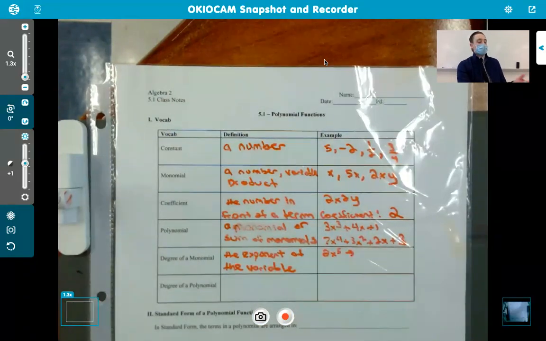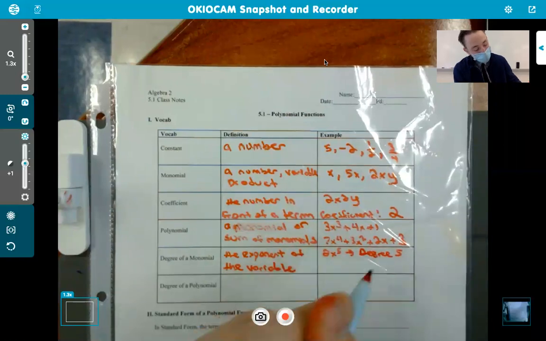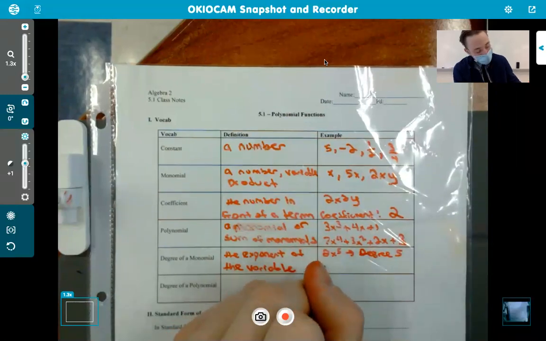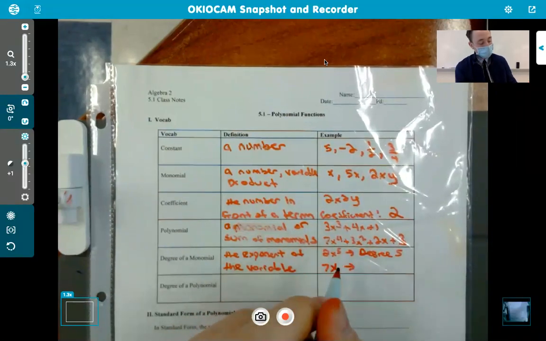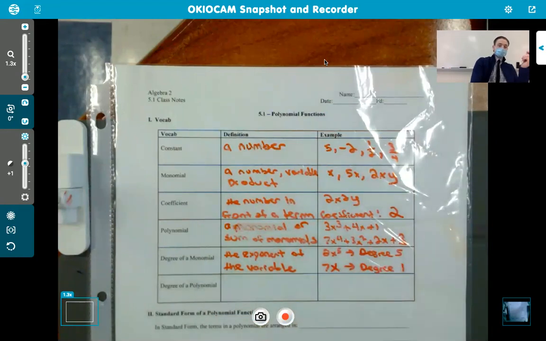What's the degree of that monomial? What's that? To the fifth, right? So this has degree 5. If I say 7x, that has degree what? Degree of 1. So when we're dealing with just one term, we're talking about the degree of that monomial, one term. It's whatever the exponent is of just that singular variable.